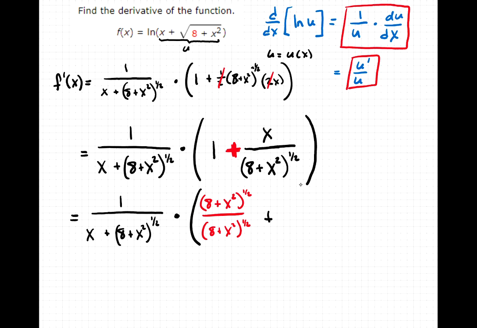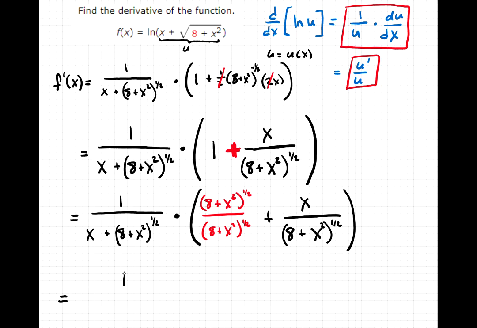We've got a plus x over 8 plus x squared to the 1/2 power. All right, perfect. So it looks like once we push these two fractions together, we'll have some canceling.